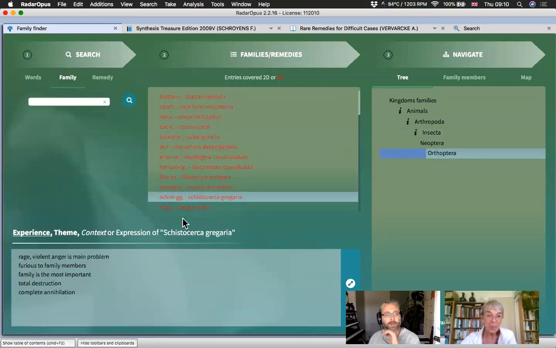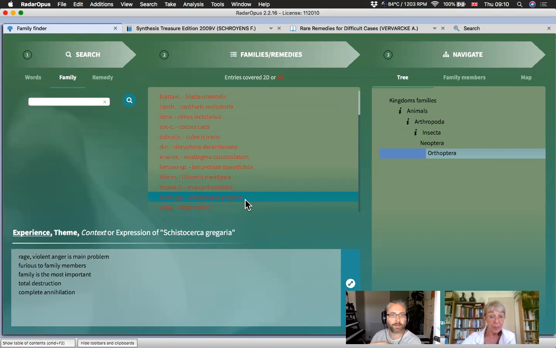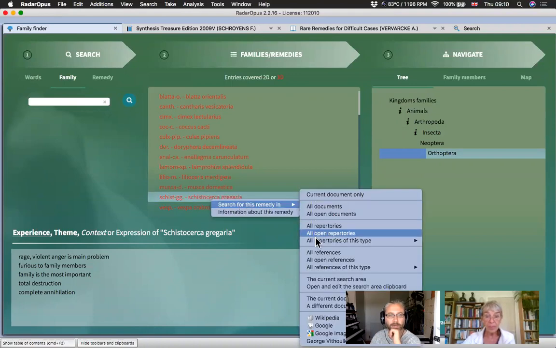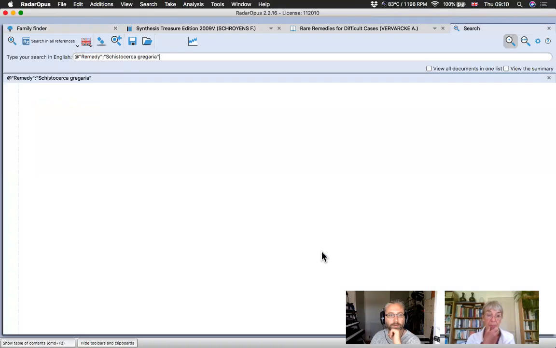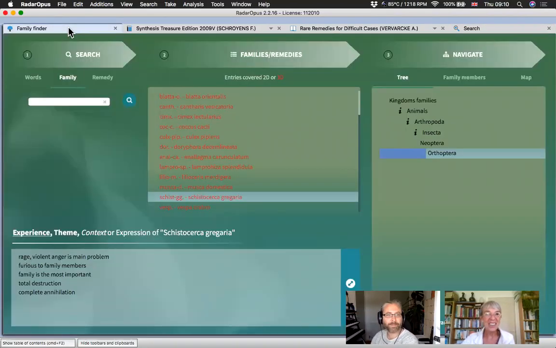So if we were going back and looking at the insects as a group, and we wanted to check normal Materia Medica in RadarOpus, you can right-click a remedy and go for search, all references, for example. And then it doesn't work. Shame. Well, we can just get rid of this bit then.